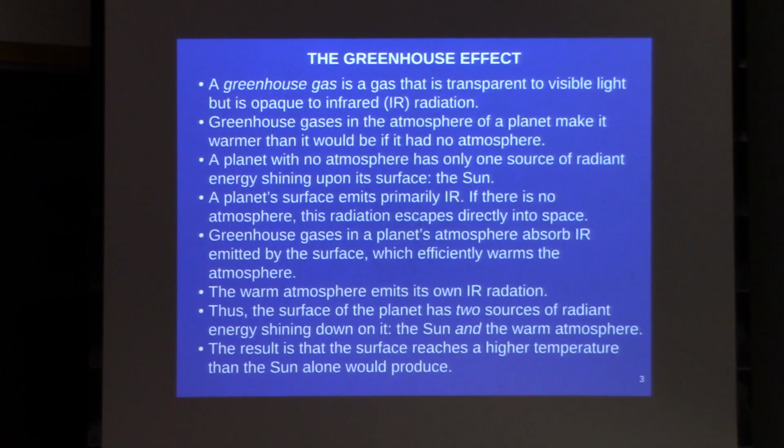Interior heat escaping from the inside of the planet also produces some warming of the surface. And suppose there's no atmosphere. The planet's surface emits primarily infrared radiation because it's not hot enough to give off visible light. So it's mostly IR, just like your body gives off mostly IR. If there's no atmosphere, this radiation escapes directly into space.